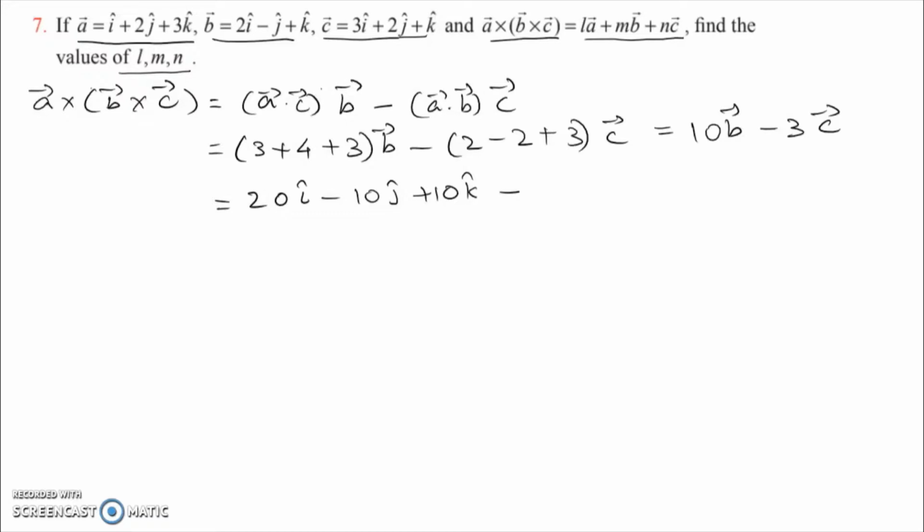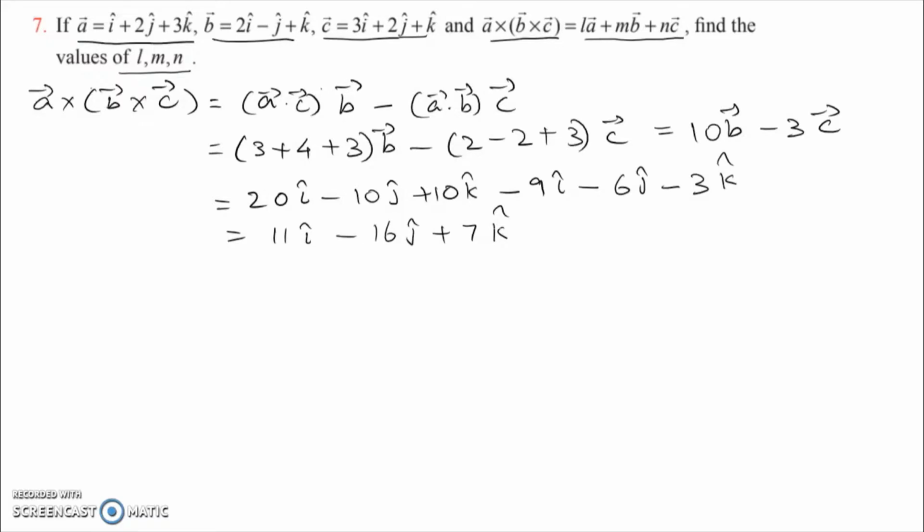Similarly, 3 times C vector would be 9 I cap minus 6 J cap minus 3 K cap. So further simplifying this, you will get 11 I cap minus 16 J cap plus 7 K cap.